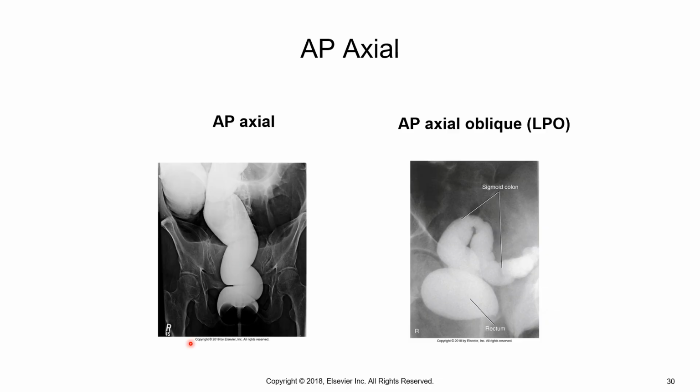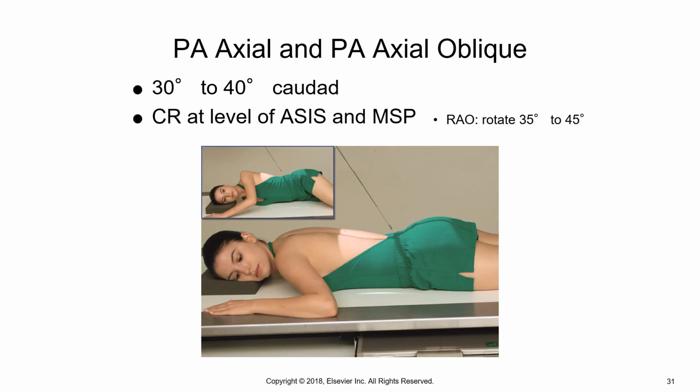All right, after this, again, is on 536. This is 2 more views that will show a straightened sigmoid colon. You could do a PA axial or the PA axial oblique, which these are both basically the opposite of what we just did.